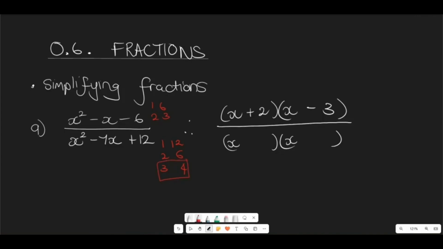If we say -3 minus 4, all right? And then what do you guys see? We can cancel out the x minus 3 and the x minus 3. And then we can now have x plus 2 in the numerator divided by x minus 4 in the denominator. Pretty straightforward, right?